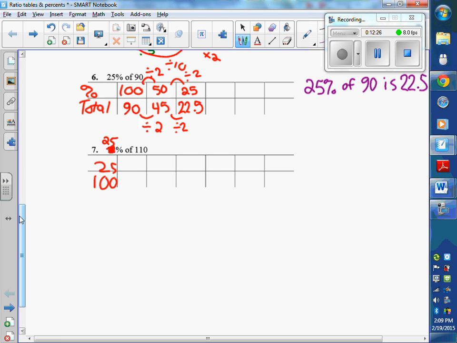Let's get the bottom 100 to 110. So I times it by 1.1, because 1/10 of 100 is 10 and 1 of 100 is 100. So I times 25 by 1.1? Yeah.